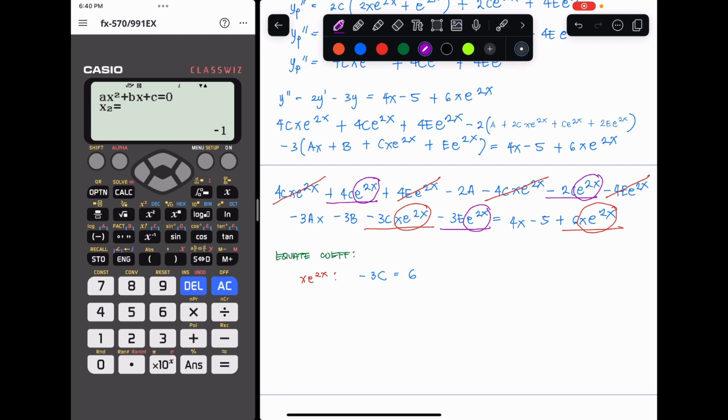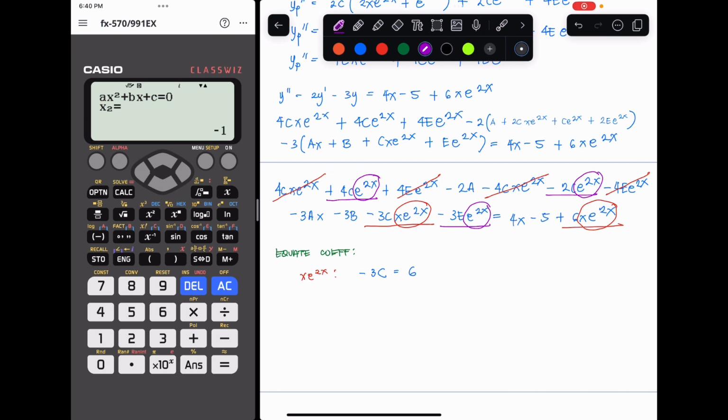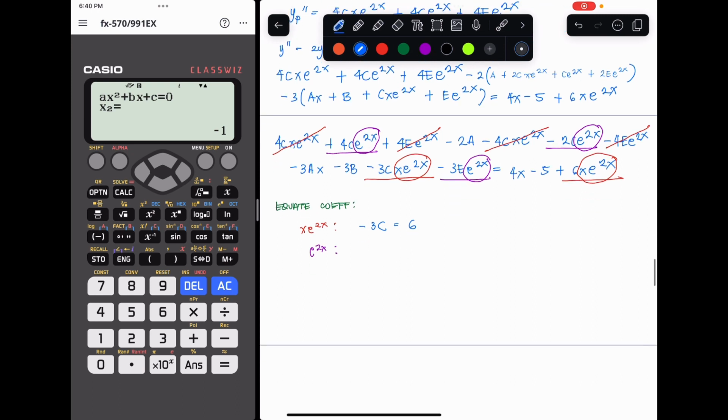So that makes it 4c minus 2c minus 3e is equal to 0. Or this is the same as 2c minus 3e is equal to 0.